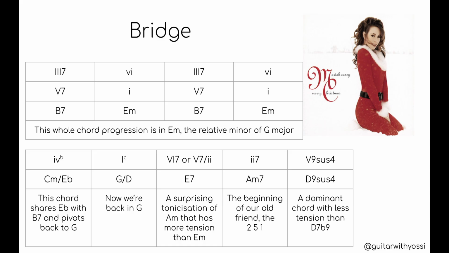So, because they share this common tone, which is E flat or D sharp, using it to pivot back to G major is really smooth, because we're expecting to hear that note again, and we get to hear it again, but surrounded by some other notes. Anyway, we go back to G with D in the bass, just because this E flat in the bass falls so nicely to that D.